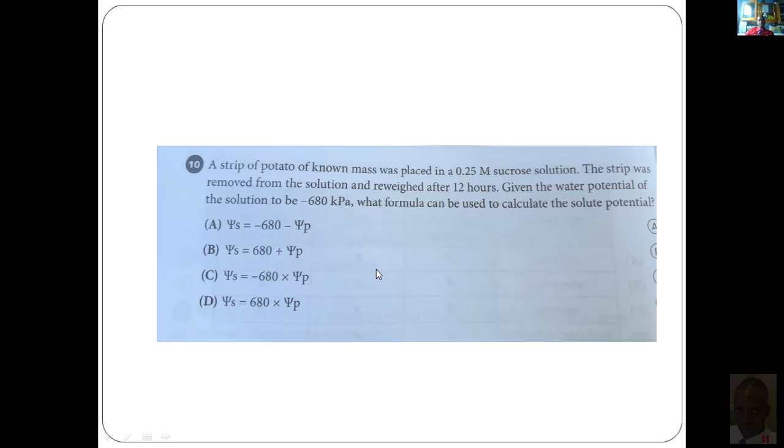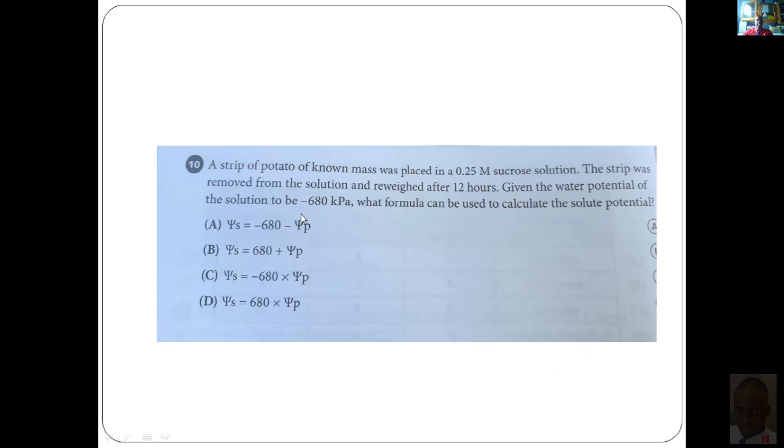Don't worry about this. Kilopascals is just the unit in which they measure the pressure, and the pressure here is the pressure potential. I tell you that these terms will become clearer when we look at this investigation in the lab.